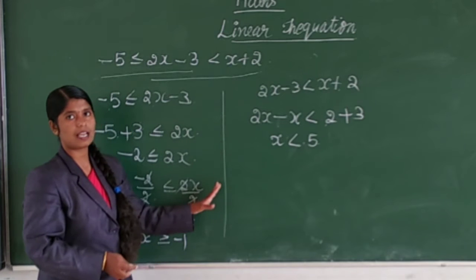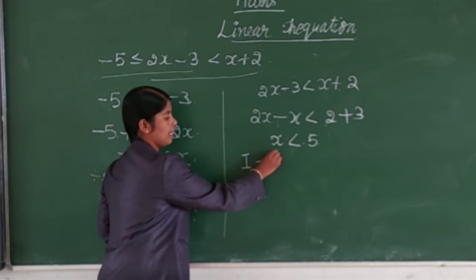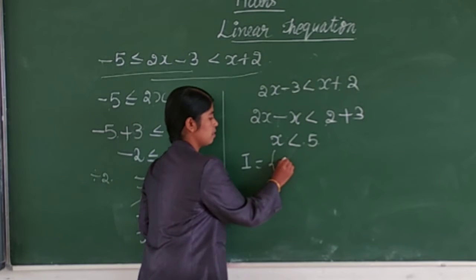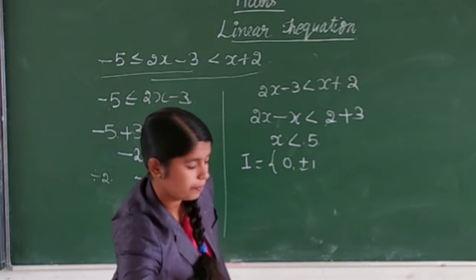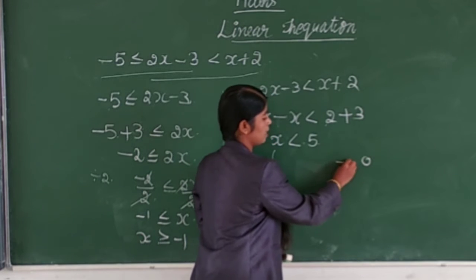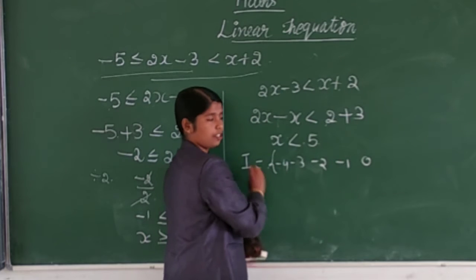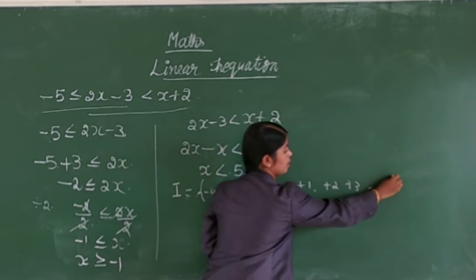We should represent this answer in the integer number set. So let me write the integer number set. I is equal to, because you can write Z is equal to 0, plus or minus 1. Otherwise you can write in number line format: 0, minus 1, minus 2, minus 3, minus 4 continuing this side, plus 1, plus 2, plus 3 continuing.